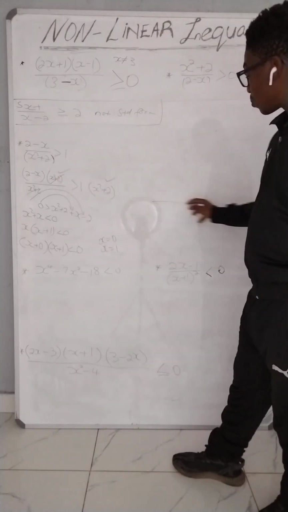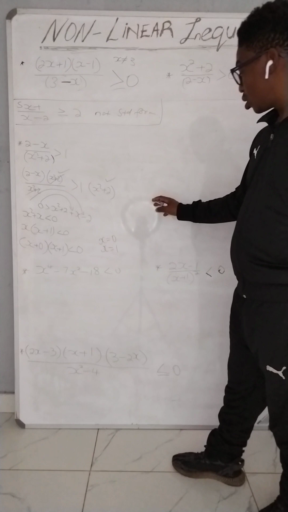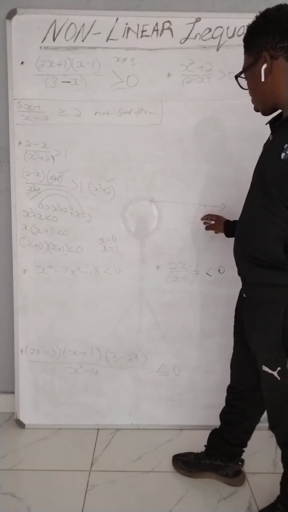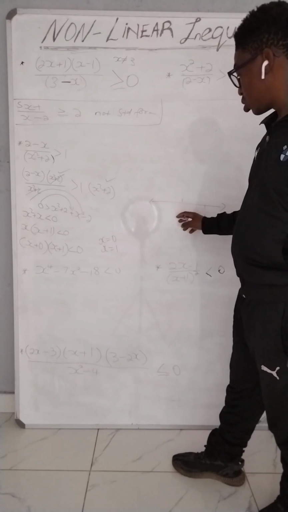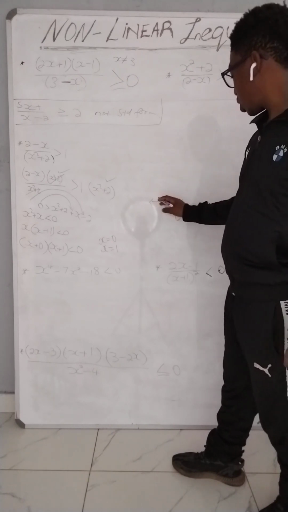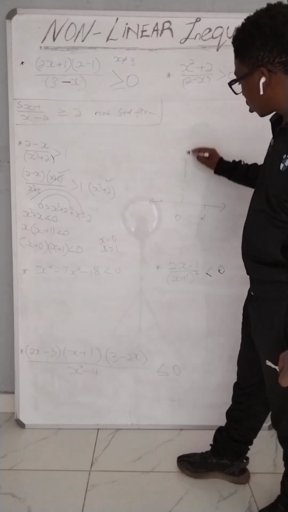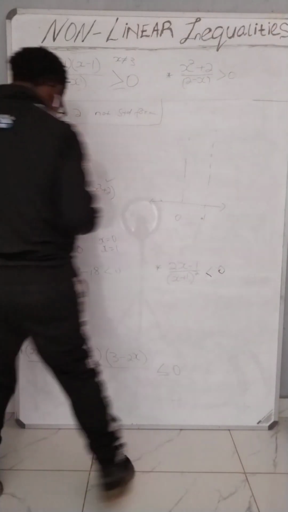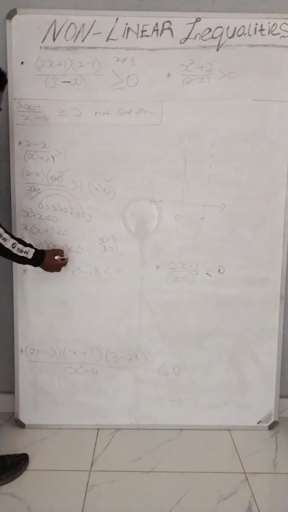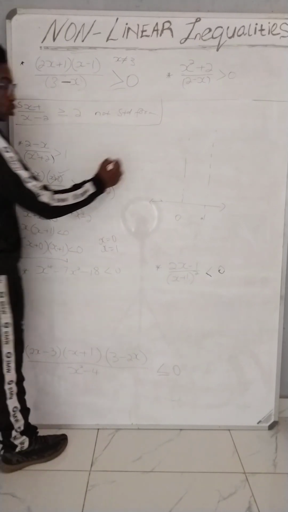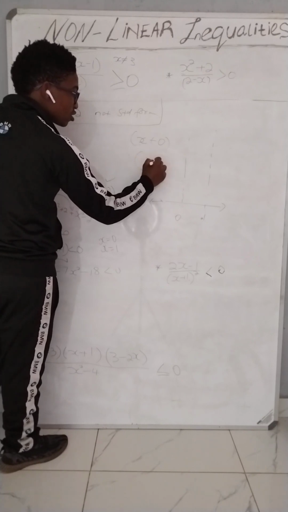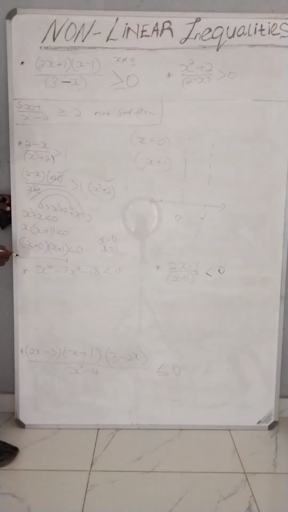So you're going to make your number line. You're going to test your 1, you're going to test your 0, and then you're going to make your dotted line like that, as we always do. But what are we testing this time? We are testing only these two. You have x plus 0, you have x plus 1.